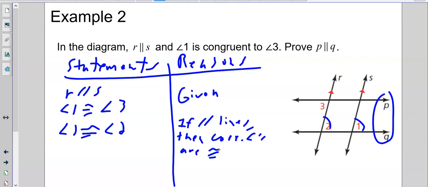Now, if we know 1 equals 3 and 1 equals 2, then we know angle 3 is congruent to angle 2. And that's the transitive property.